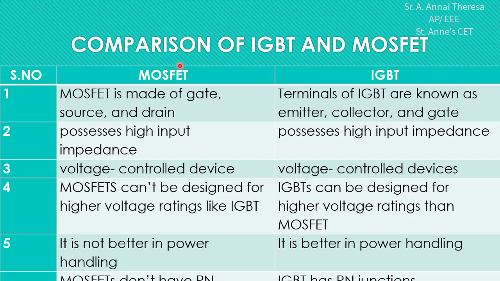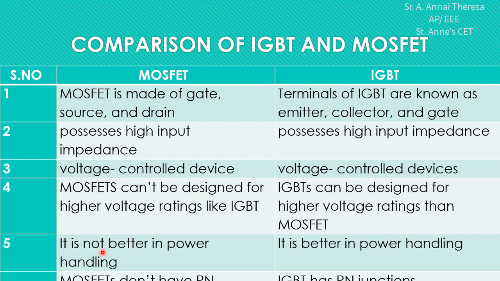The MOSFET possesses high input impedance, and the IGBT also possesses high input impedance. MOSFET and IGBT both are voltage controlled devices. MOSFETs cannot be designed for higher voltage ratings, but IGBT can be designed for higher voltage ratings.